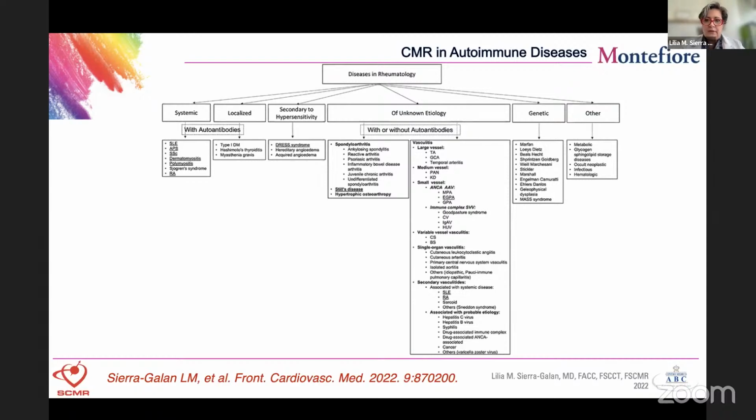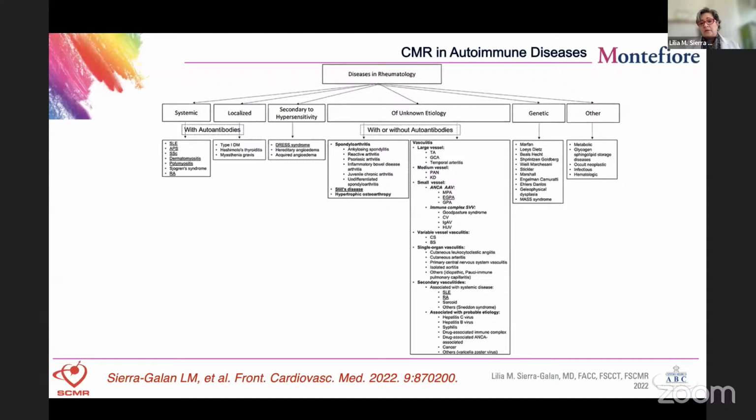And from there, we have the broadest diseases, which are the spondyloarthritis, which involves a lot of different types of diseases, Still's disease, and other osteoarthropathies, and all the vasculitis, where you can see there is a lot of different types of diseases. Then we have the genetic ones, and others that include also the oncological, the metabolic, the infectious, and other different types of diseases.